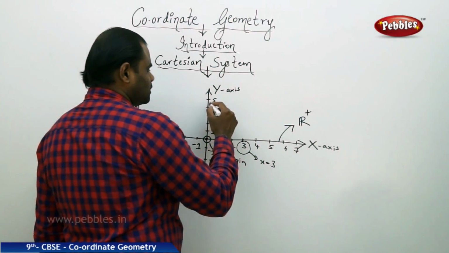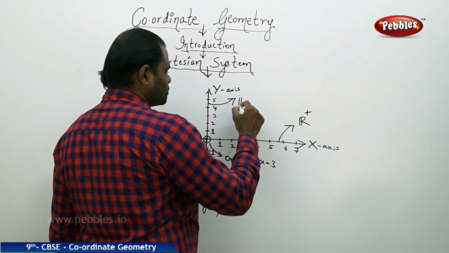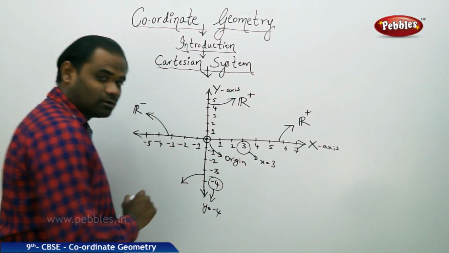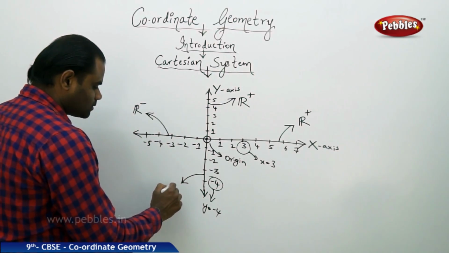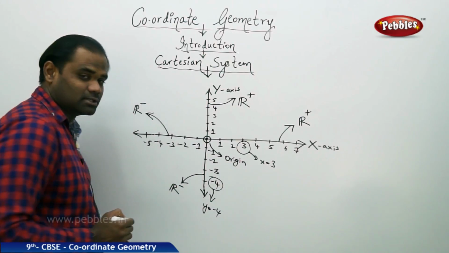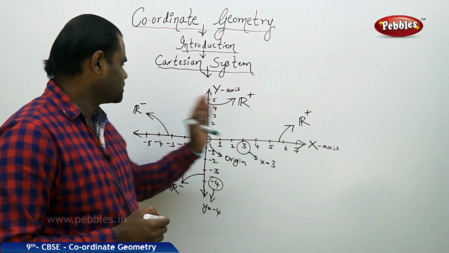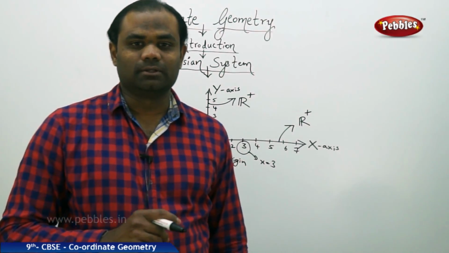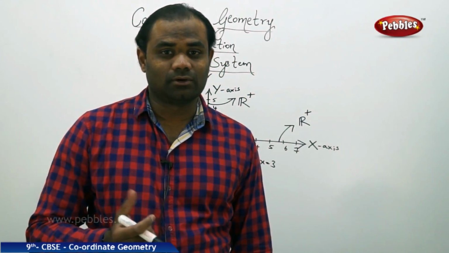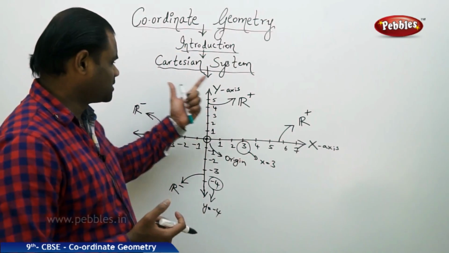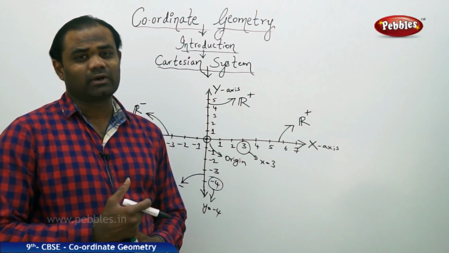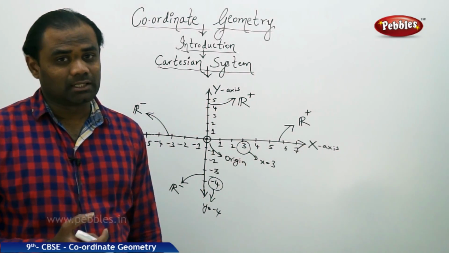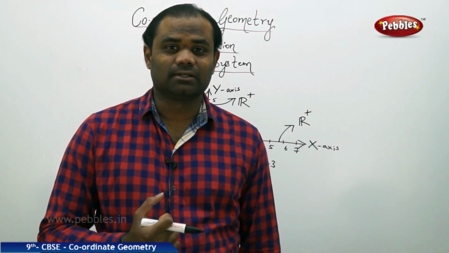Similarly, all the values on the upper side of the y-axis are positive real numbers, and all the values down the y-axis are negative real numbers. Positive real numbers, negative real numbers, positive real numbers and negative real numbers is how we understand the Cartesian system connected with the x and y-axis. Origin, x-axis and y-axis are the base rules of the Cartesian system.